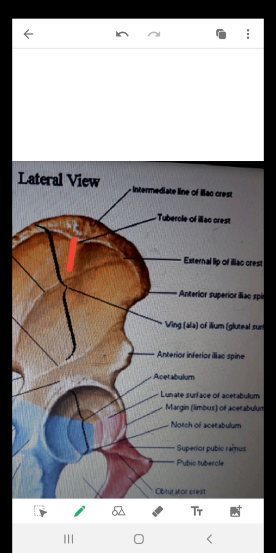Now look at this. The tubercle is located 5 to 6 centimeters posteriorly to the anterior superior iliac spine.